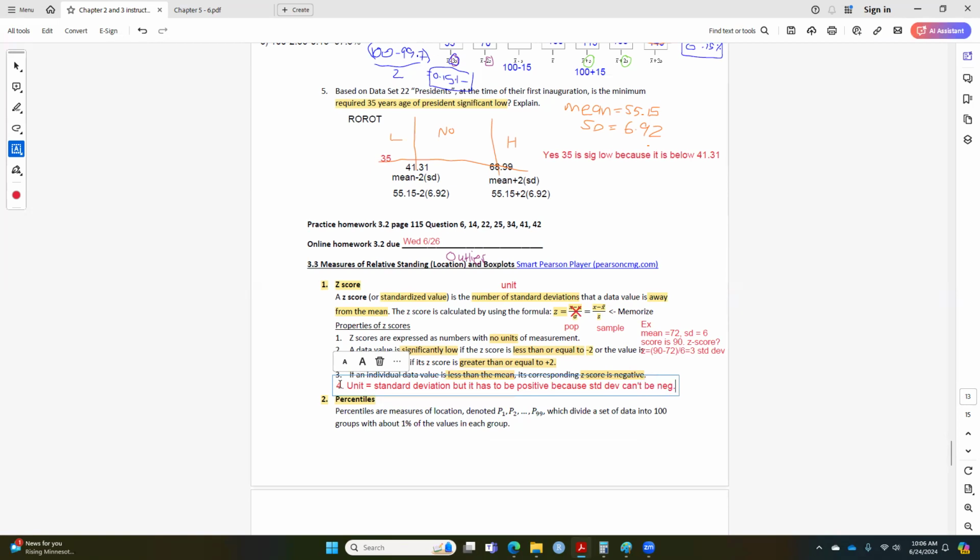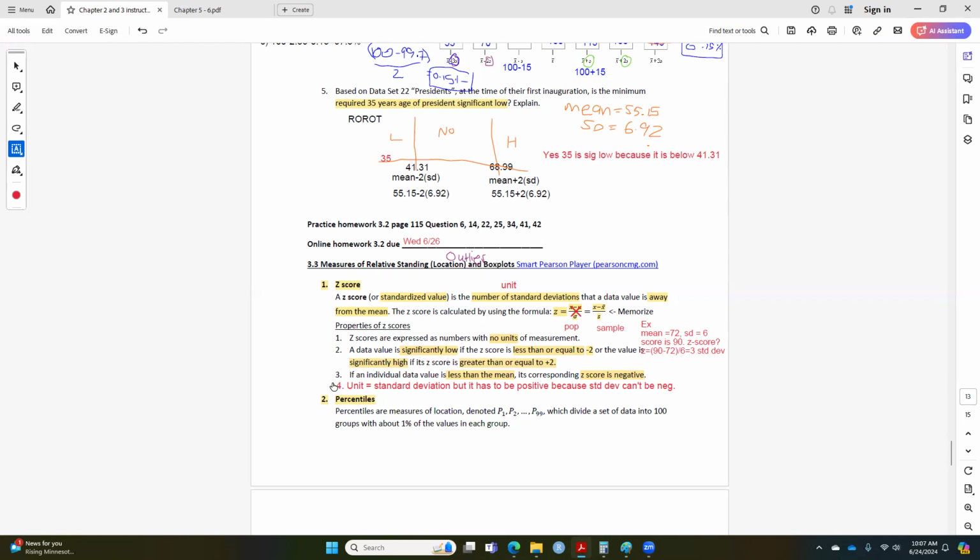So what is the last property of the z-score? The fourth one is that, as you know, z-score has no units, but if you want to use the standard deviation as the unit, then make sure that you cannot have a negative value in this case, because your z-score in standard deviation cannot be negative.